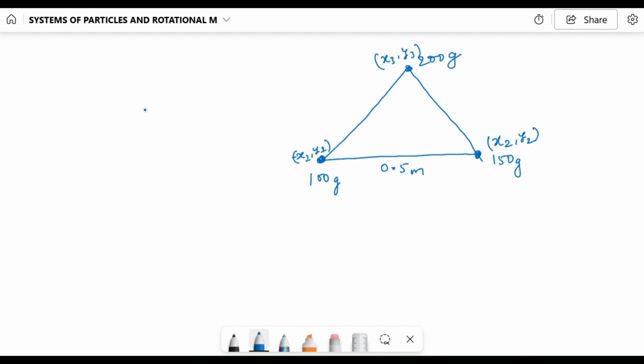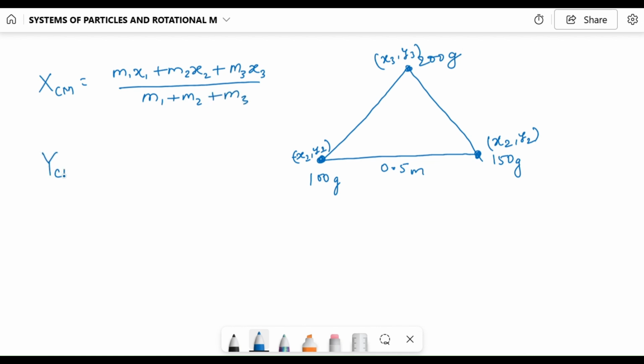Now we know that we can find the x coordinate of center of mass by m1 x1 plus m2 x2 plus m3 x3, whole divided by m1 plus m2 plus m3, and then we can get the y coordinate of center of mass as m1 y1 plus m2 y2 plus m3 y3, whole divided by m1 plus m2 plus m3. Okay, so here m1 is 100 gram, m2 is 150 gram, and m3 is 200 gram.